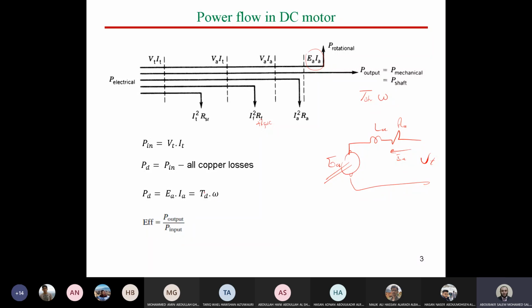Okay, this is the developed torque. However, the output power equals the shaft torque multiplied by omega. So we can say that P friction as well equals torque friction multiplied by omega, similar to other types of motors, because this is just a mechanical representation of the output and mechanical loss.